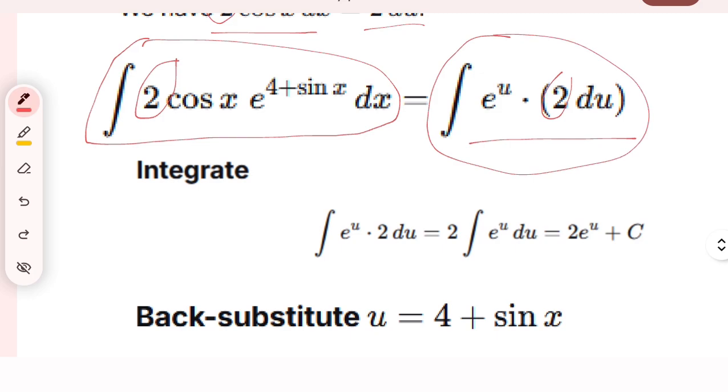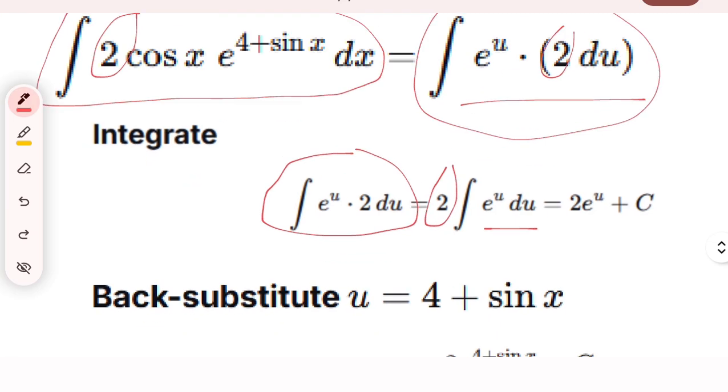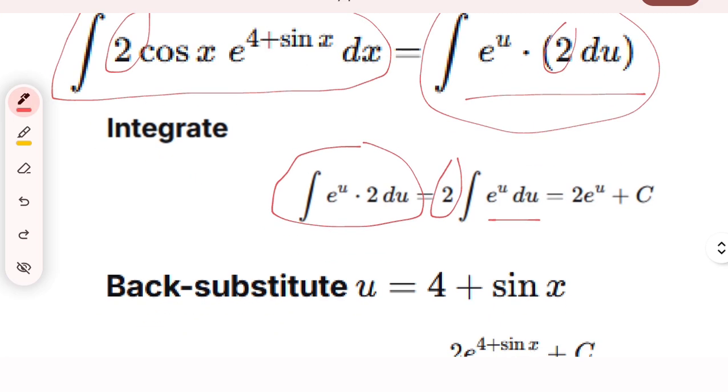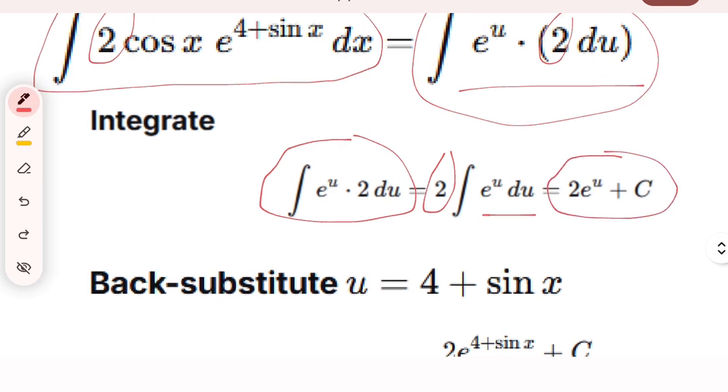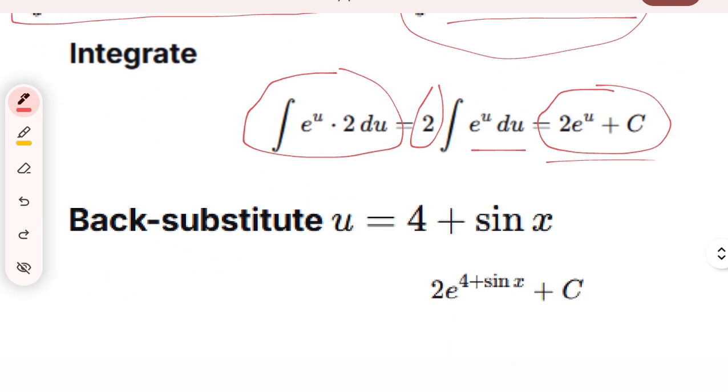Let's integrate. The integral of e to the u 2 du is very easy. You put the constant outside of the integral sign, and then you integrate this. The integral of that is e to the u plus c, so it would be 2 e to the u plus c. That is not yet the final answer, remember, because we need to put u back.